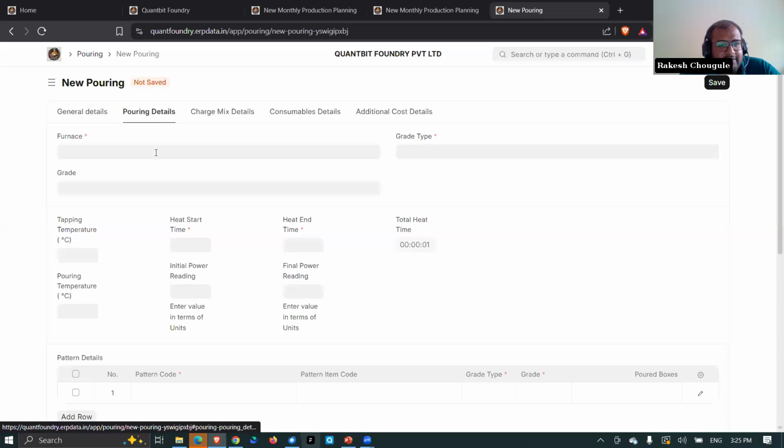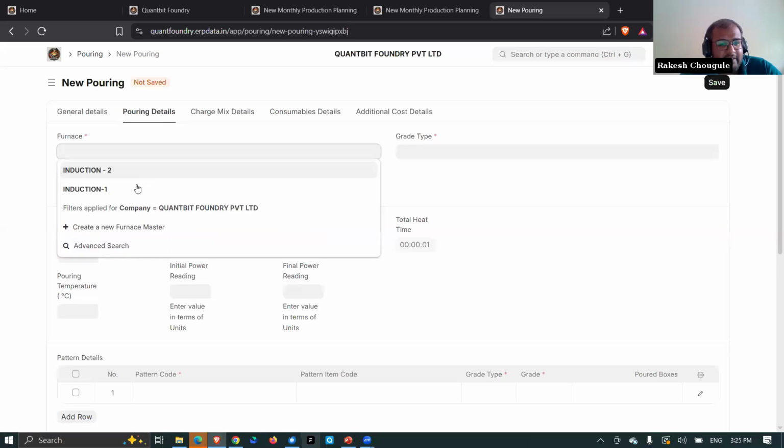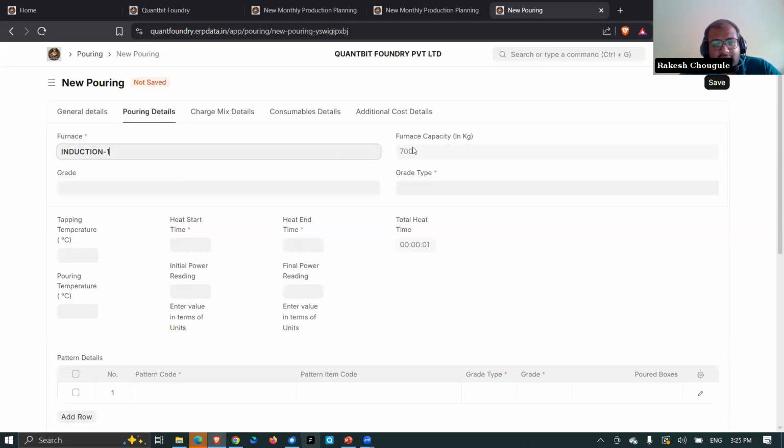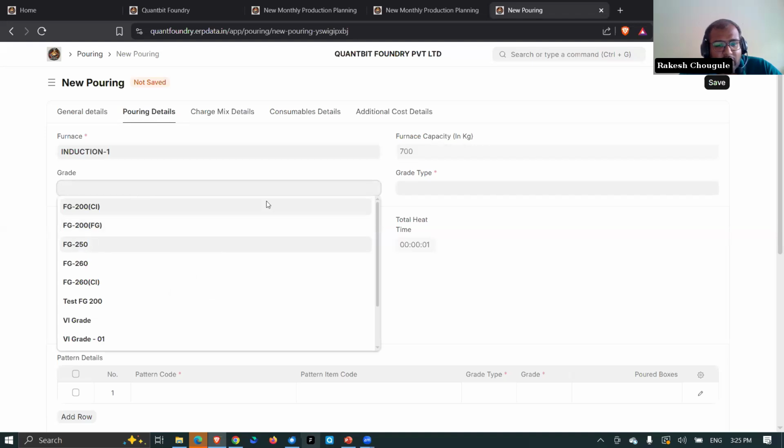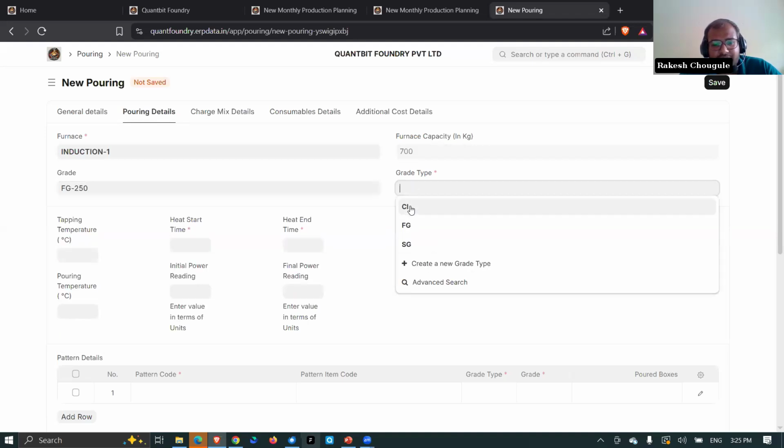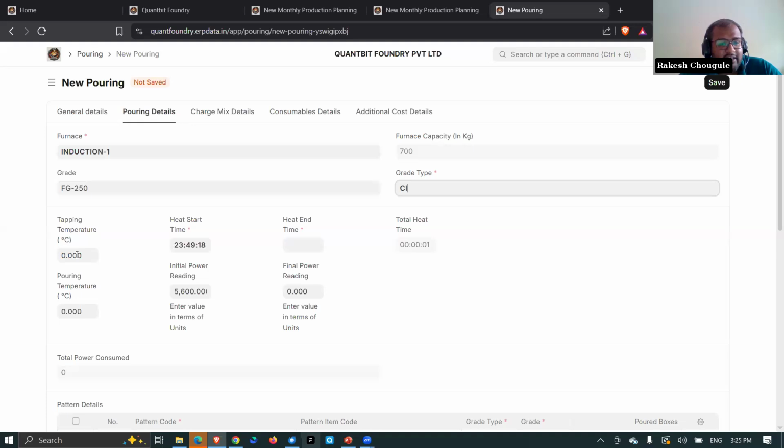Then there are pouring details. We have to select the furnace. After the furnace, the furnace capacity will be shown here. Then the grade in which we are currently pouring, the grade type. Then there is a tapping temperature which we can add.